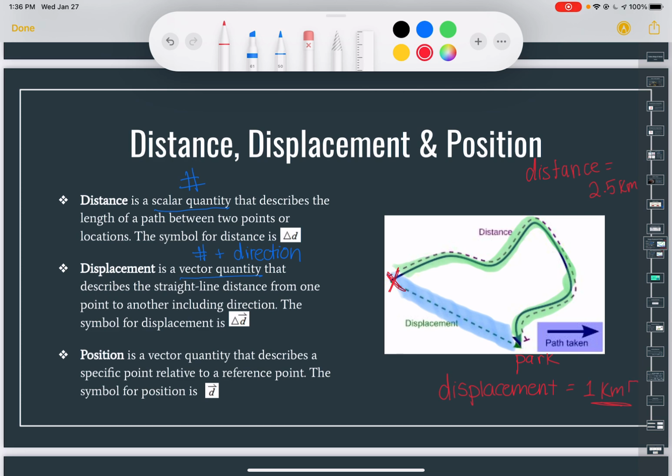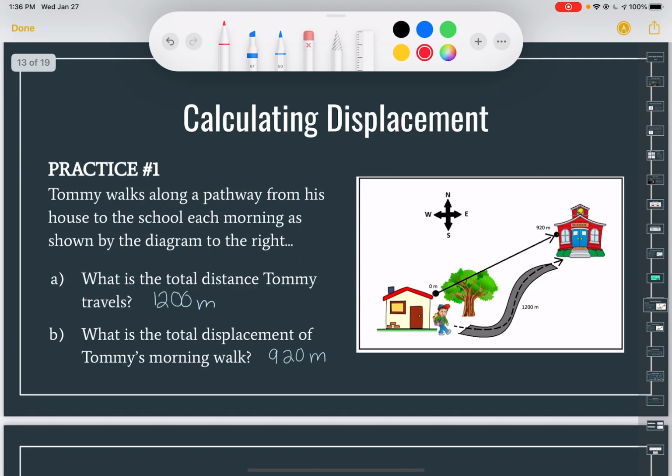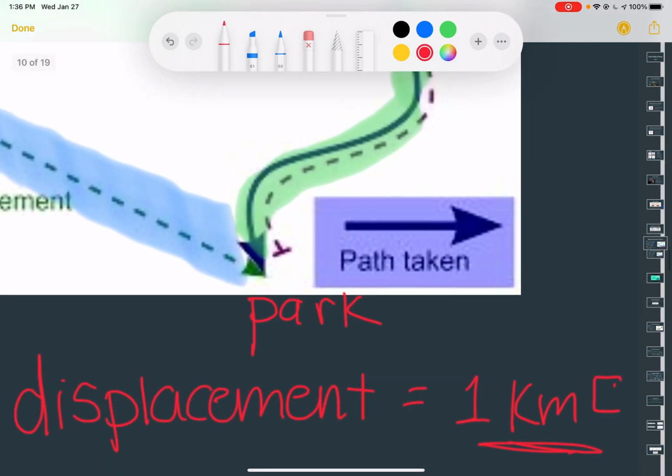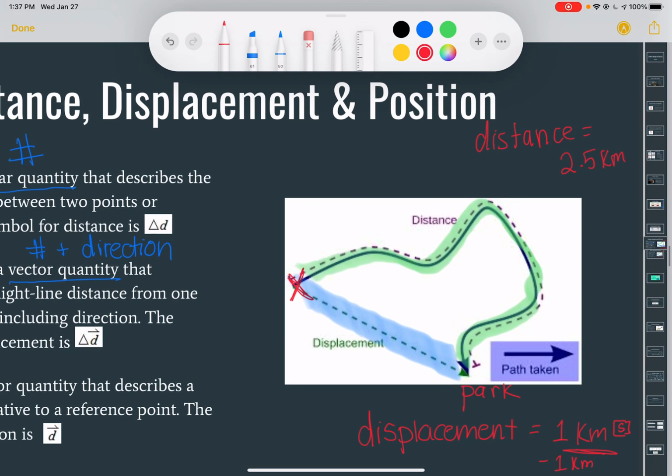So we are going to write south there. We could also write 1 kilometer with a negative sign in front. All right, so that's our displacement. Our distance, on the other hand, is 2.5 kilometers. We took a lot longer route to get there, but that's our distance.